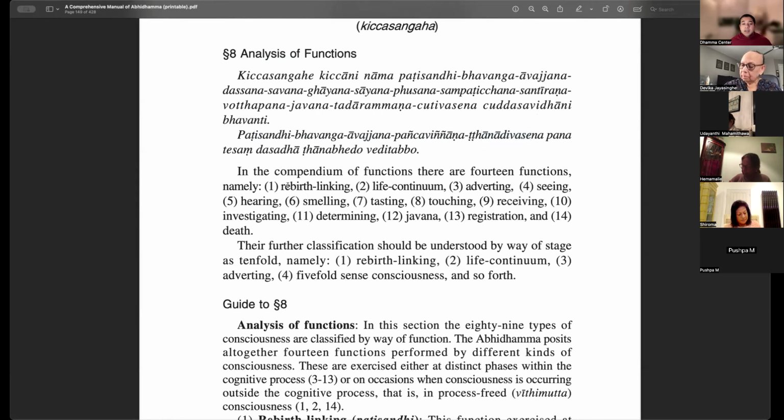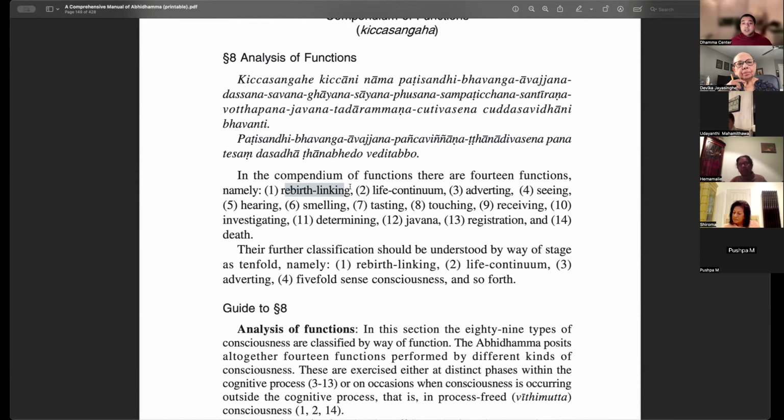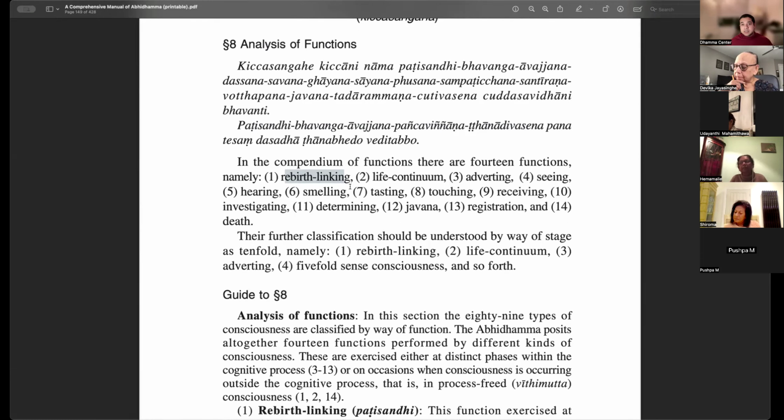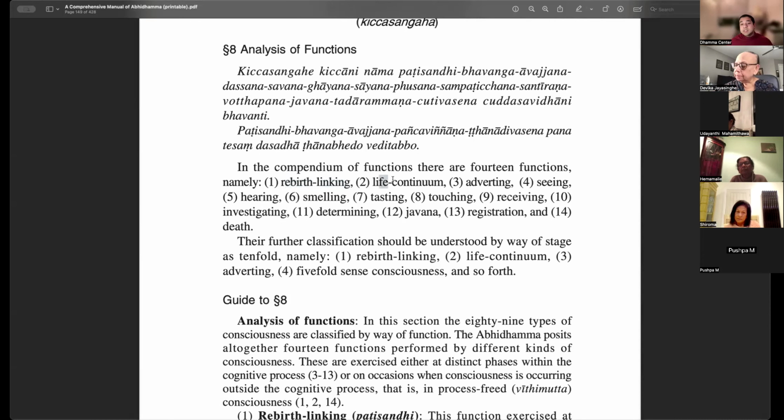The first one, rebirth linking, Patisandhi. We know that the Patisandhi is the chitta that arises, or this particular function supports in the rebirth process. Then comes life continuum, the Bhavanga chitta.